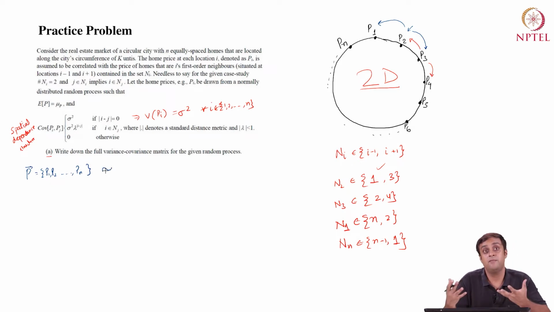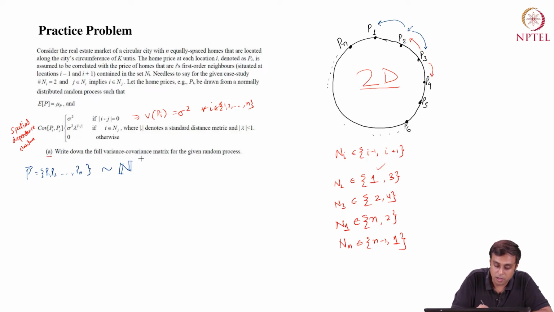It's a random function. We are working with spatial data, something that we have covered in one of the earlier lectures. So we are working with jointly distributed normal random variables with mean mu p, something that is provided as information, and the variance covariance given as some sigma p.